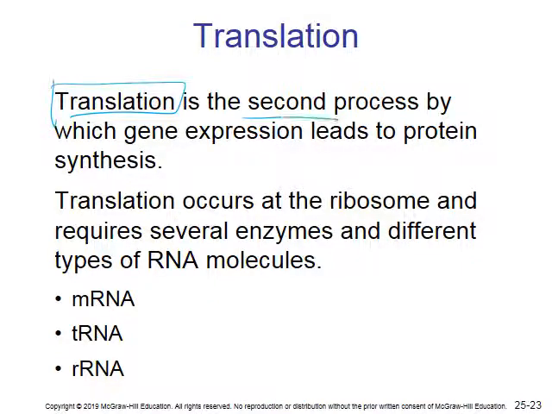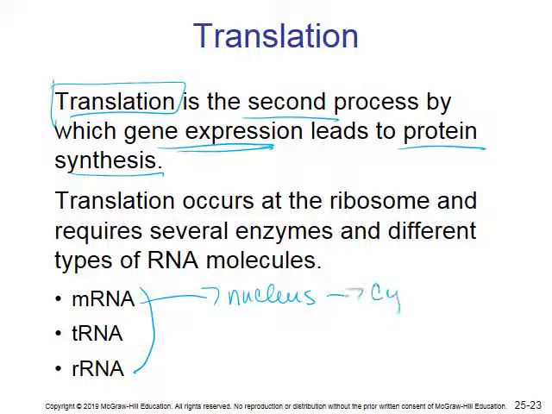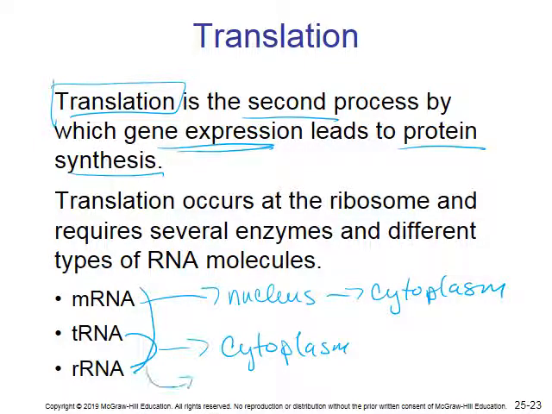Translation is the second step in gene expression, where we're going to create a protein. Remember, we need these 3 items. So here's our mature RNA that just came from the nucleus to the cytoplasm. The RNA, both transfer RNA and ribosomal RNA, these are already in the cytoplasm, and these are created from the nucleolus.